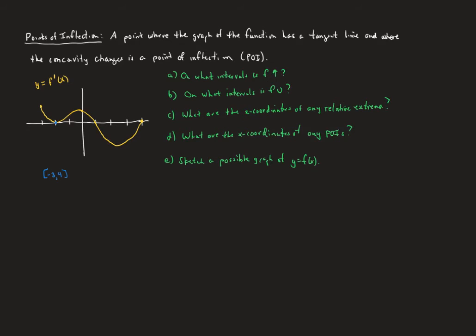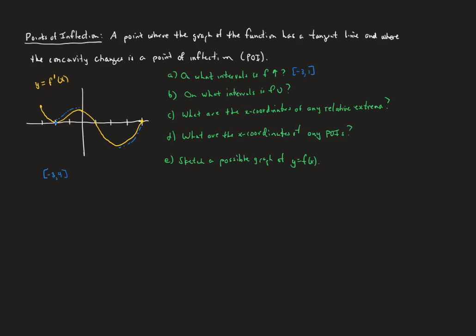So then where this is increasing is going to be where the derivative is positive, and so that will be from -3 to +1, and we'll include the endpoints there. Now, the interval where it's concave up is going to be where the derivative is increasing, and so that's going to be along this part of the curve here and also along this part of the curve here.